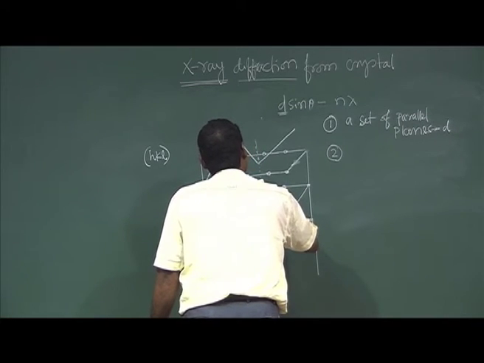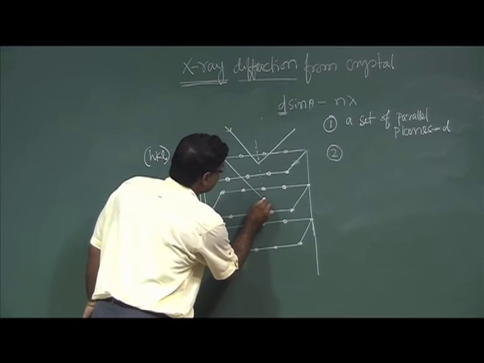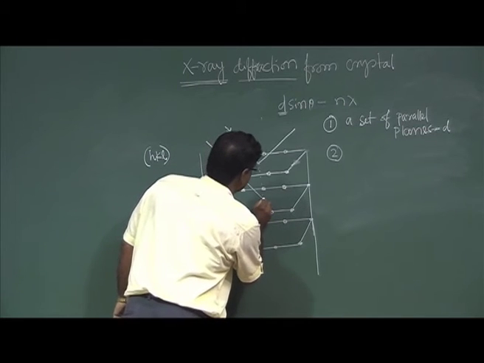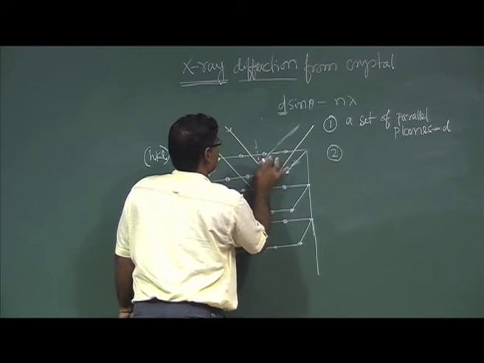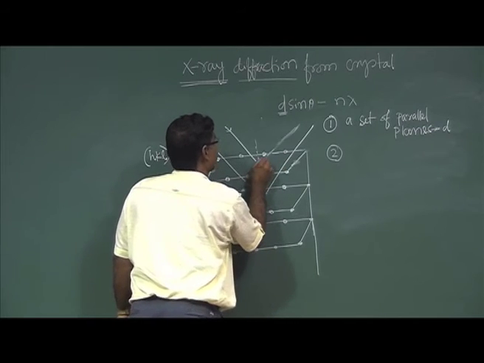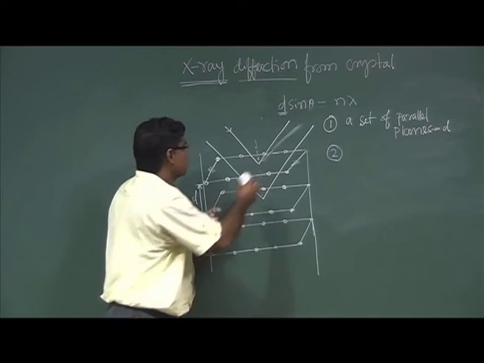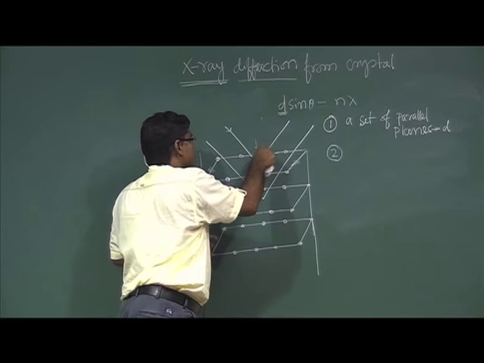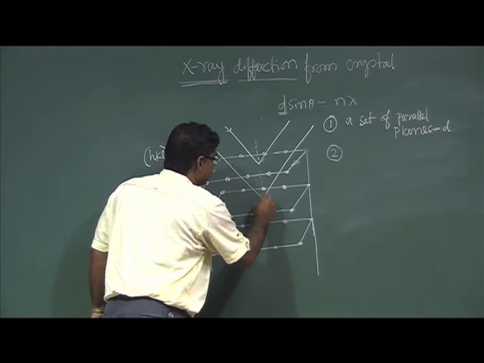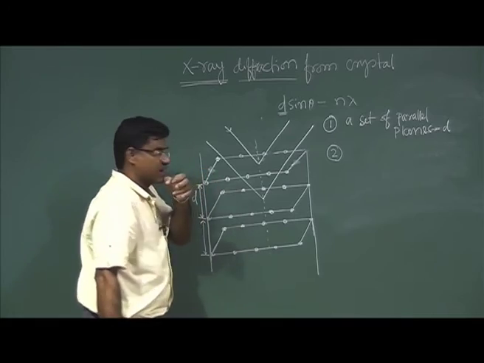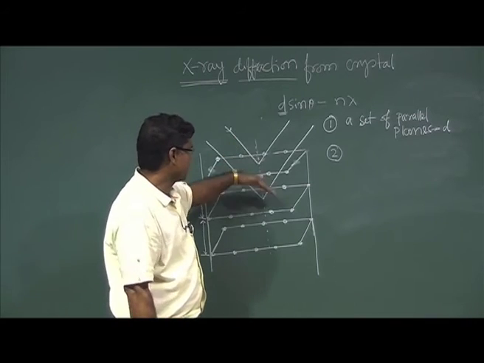These are parallel rays. This is the normal to these planes; because the planes are parallel, they have the same normal.